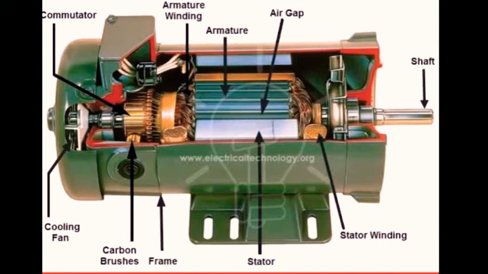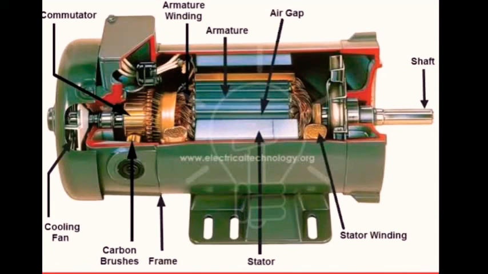And the commutator is a main part of a DC machine which is only used in a DC machine to convert AC supply to DC supply in case of a generator.